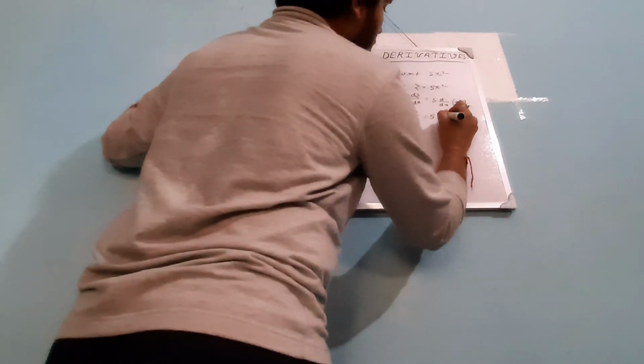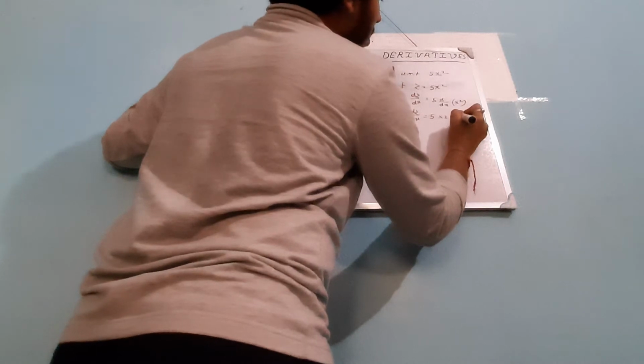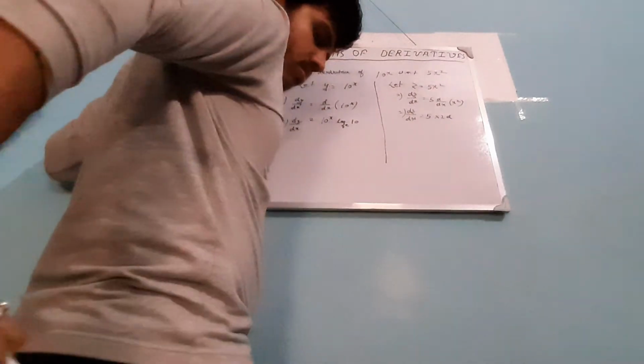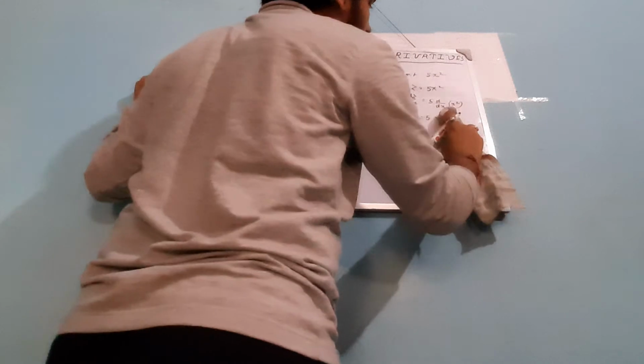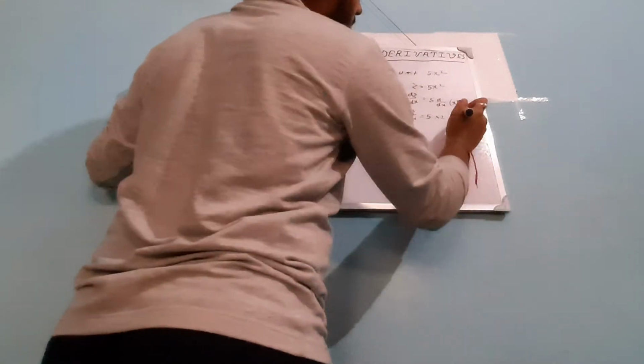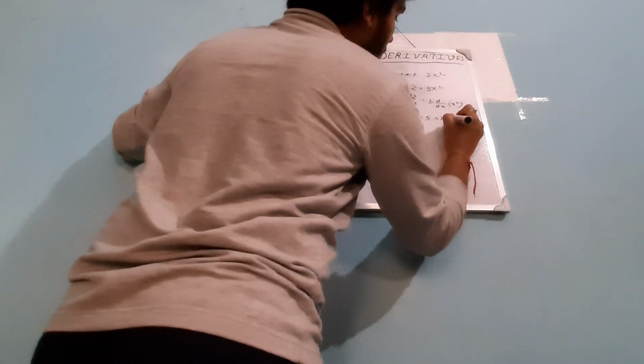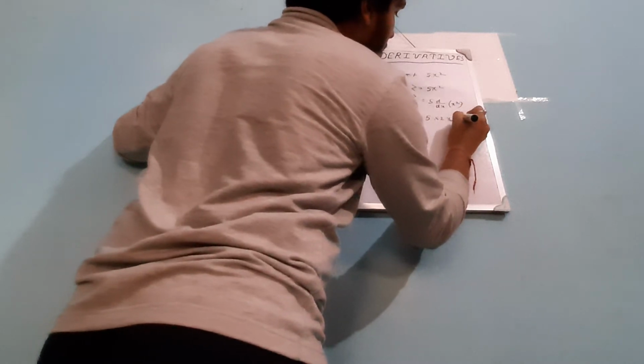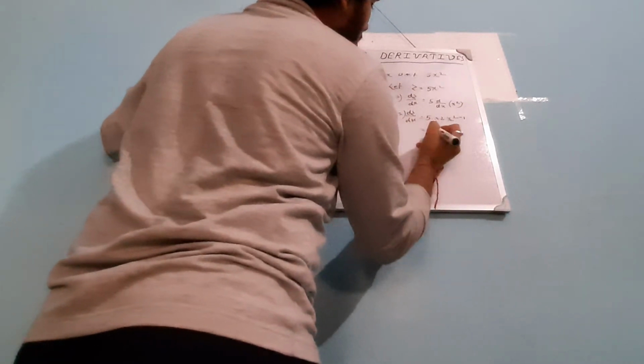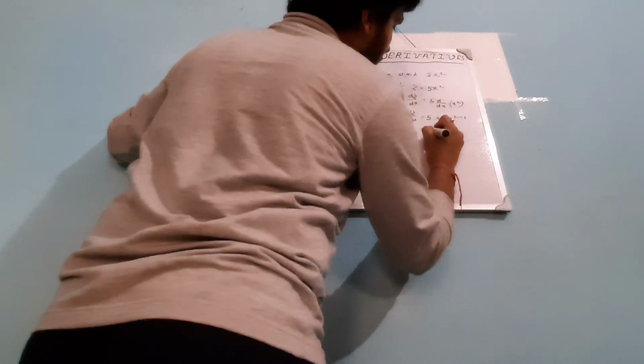So it will be 5 into 2 into x to the power 2 minus 1. So it will be 10x.